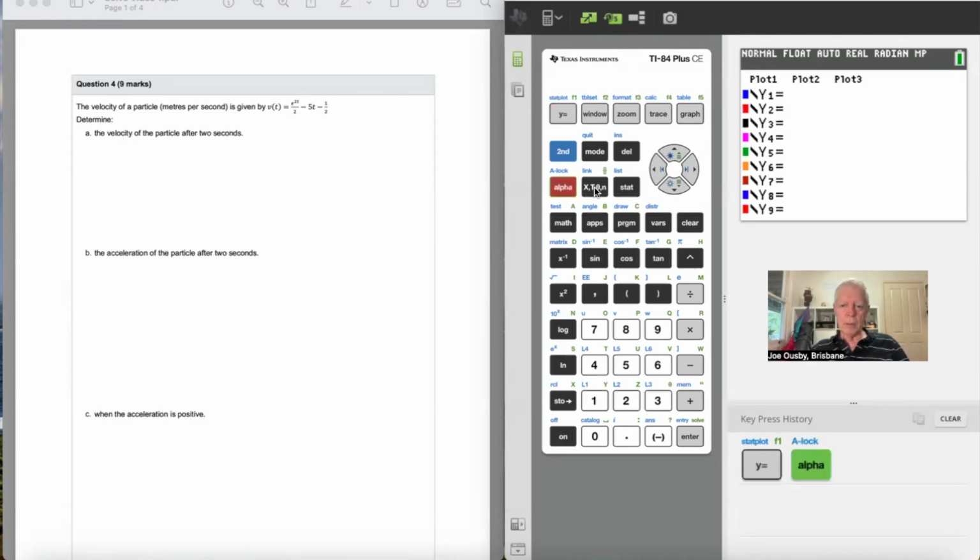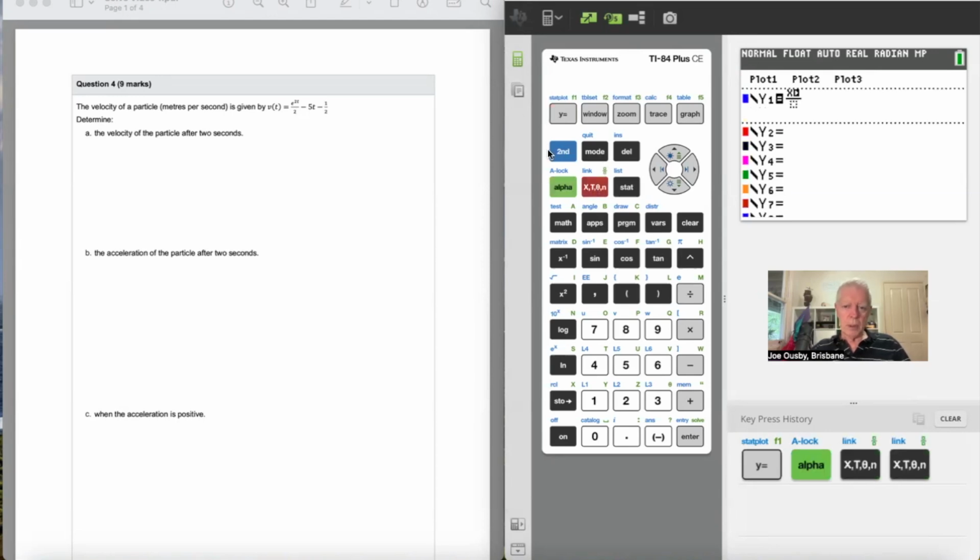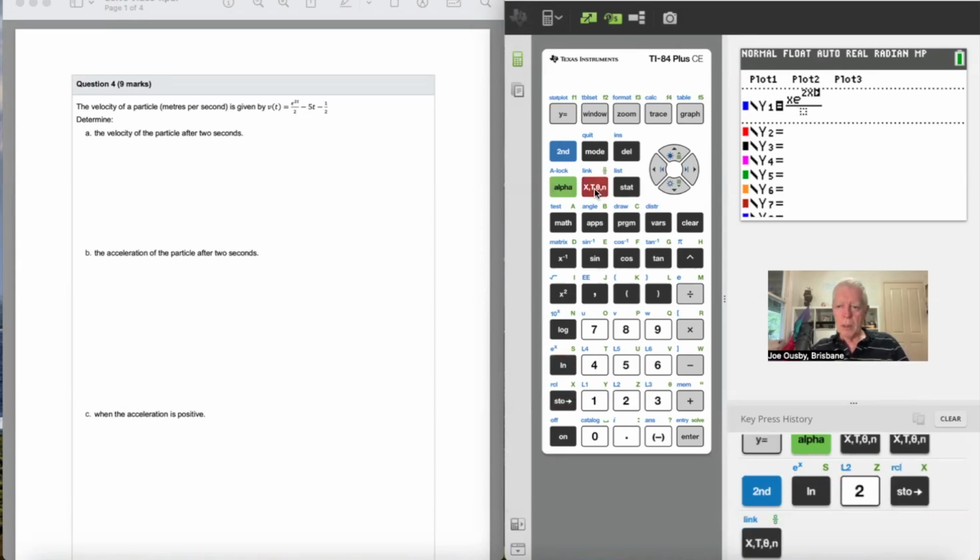So fraction, and that would be e to the power of 2x. Hold on, x is certainly that one there. Not sure where I got that x from, so I'll have to delete that.